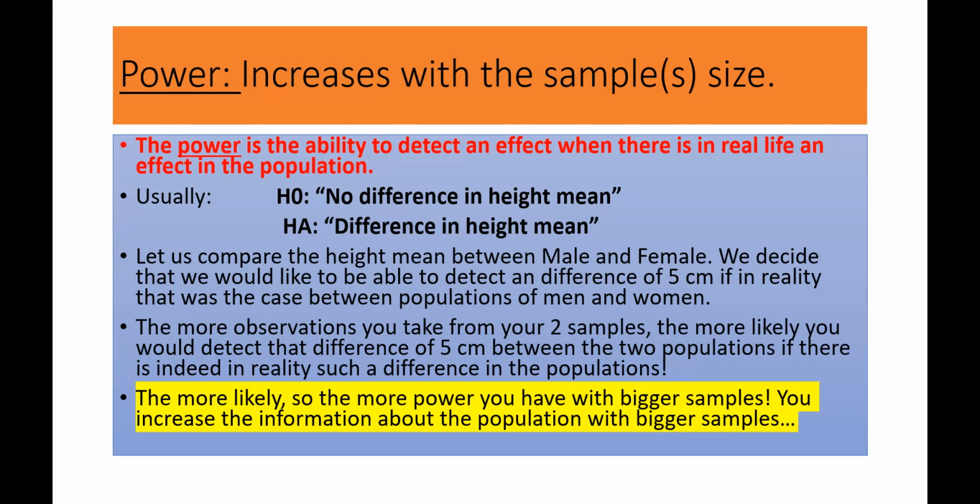So if there was an effect in the population, you would be more and more able to detect that effect. So your chance of detecting that effect will go up towards 100%, okay?